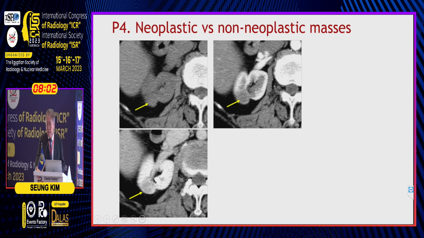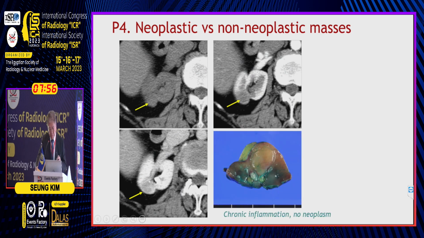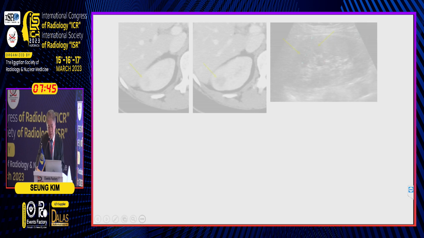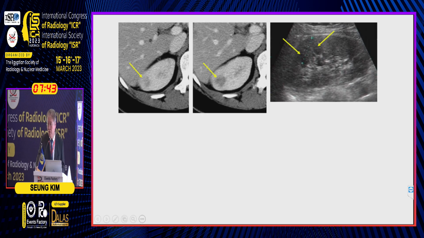It's not easy to characterize this mass, but in this patient, the mass was taken out, and the pathology showed that it's just a chronic inflammation around the scar, and there was no mass. It's not easy to distinguish between neoplastic and non-neoplastic masses.